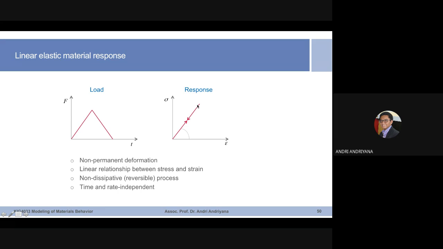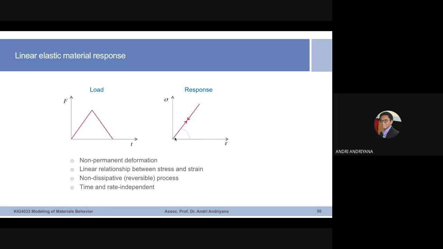This is during the loading. By saying loading, it means that from 0 here, loading or uploading, it is the same meaning. I use two words for the same meaning. And then when we go down, it is called unloading. Okay, so if it is loading going up here and unloading following exactly the same line there, and it is a line, there is no curve, then it is called linear elastic material response.